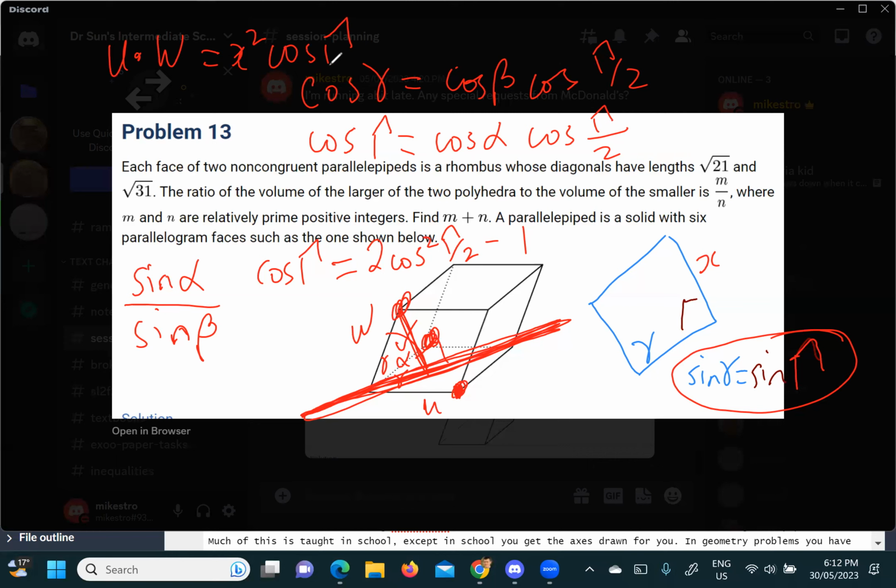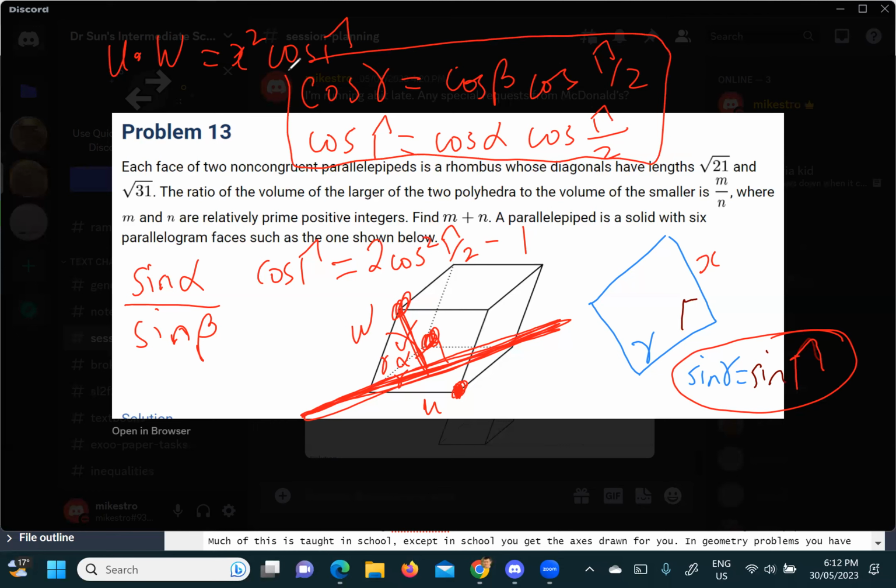When you get the coordinates of u, v and w in terms of cos theta, sine theta, x and gamma, you'll see these are the conditions that you get. That makes sense?